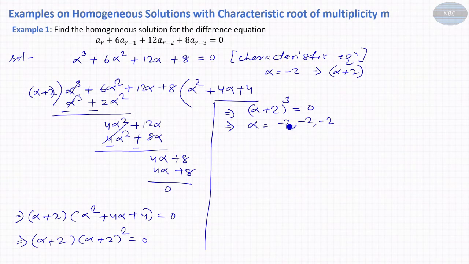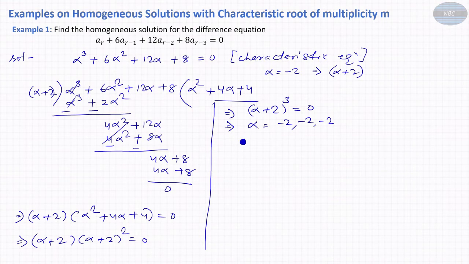So here alpha is a characteristic root of multiplicity 3. We can write alpha 1 is equal to minus 2, or instead of writing alpha 1, let us write just alpha.